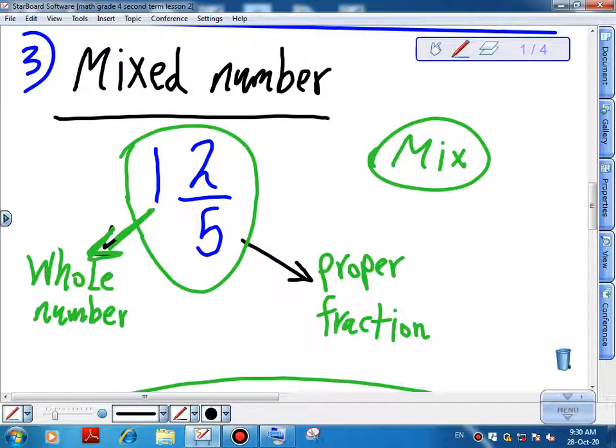So we call this shape a mixed number. 1 and 2 over 5, 3 and 4 over 5, 4 and 1 over 2. This type is called mixed number, which has a whole number like 1 and a fraction. But this fraction must be a proper fraction.